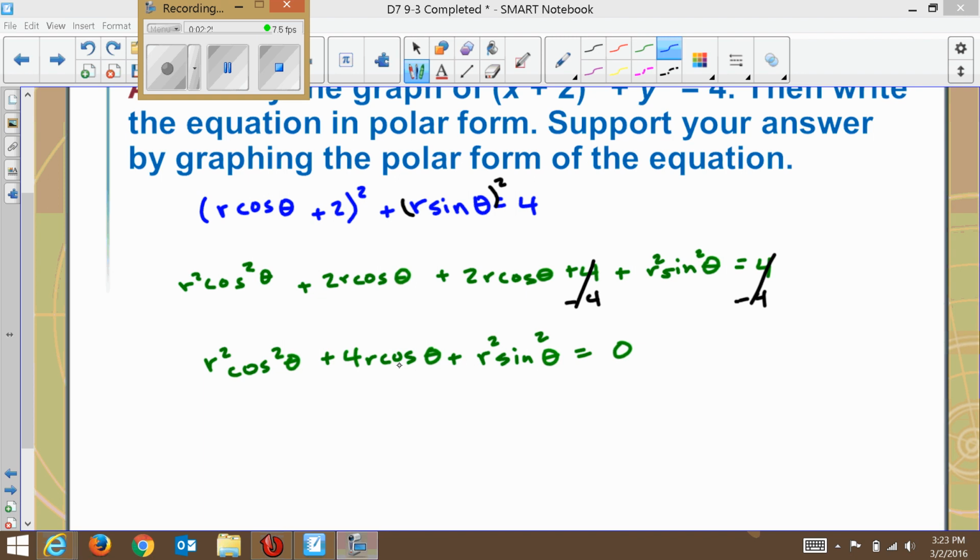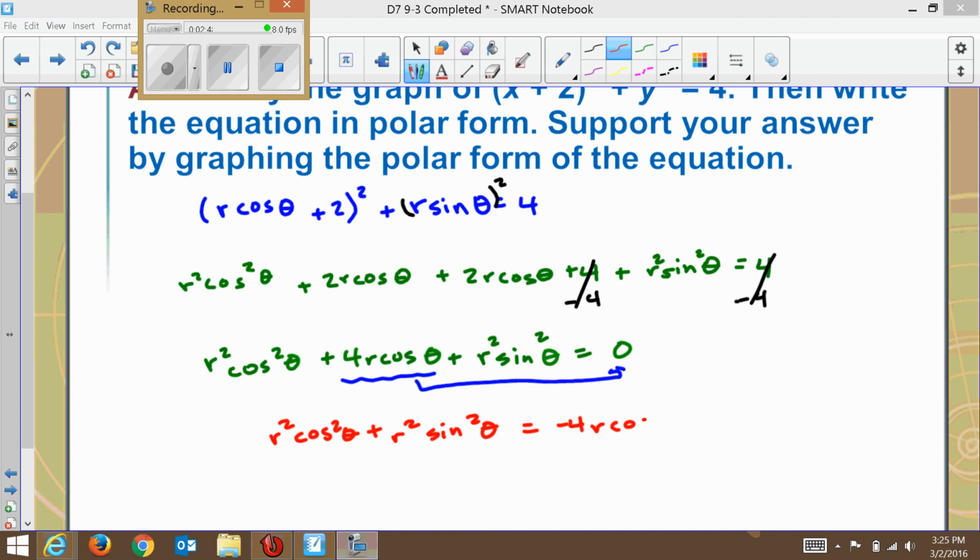I'm going to move this over here. So when I move this over, I'm going to have r squared cosine squared theta plus r squared sine squared theta equals negative 4r cosine theta.